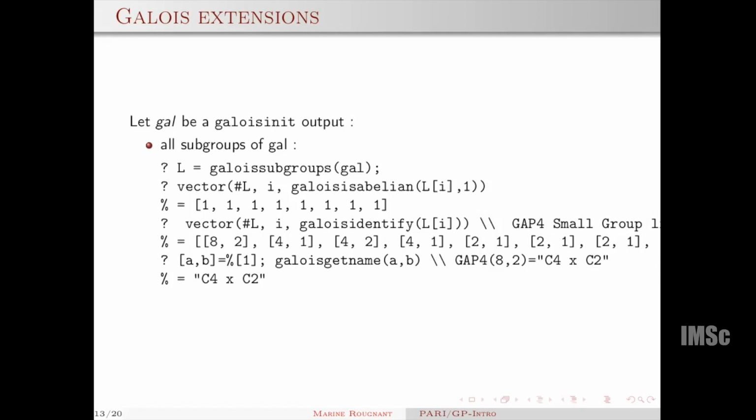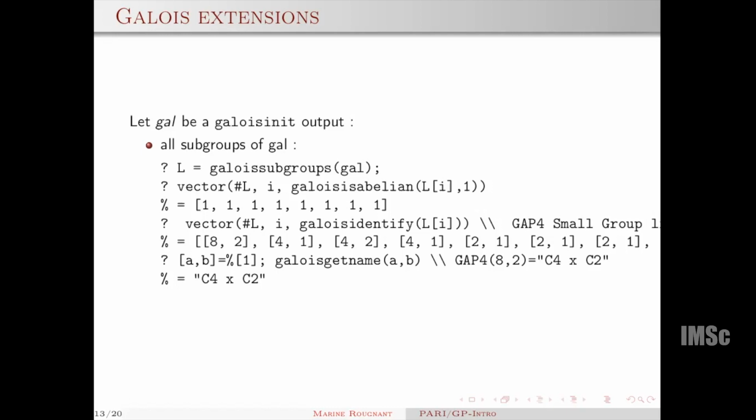So here it's the second group of order 8, the first group of order 4, so this one is cyclic. The second group of order 4 should be the direct product of two cyclic groups, Z over 2, Z over 2. And if you have a group in that kind of writing, you can ask GaloisGetName with A and B, here A will be 4, B will be 2, and it will give you a more readable name.